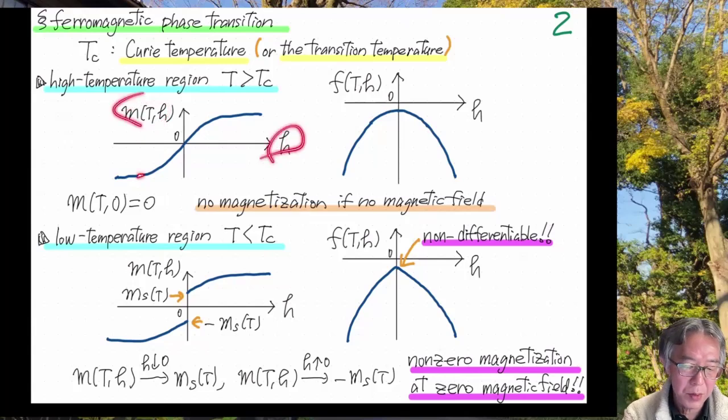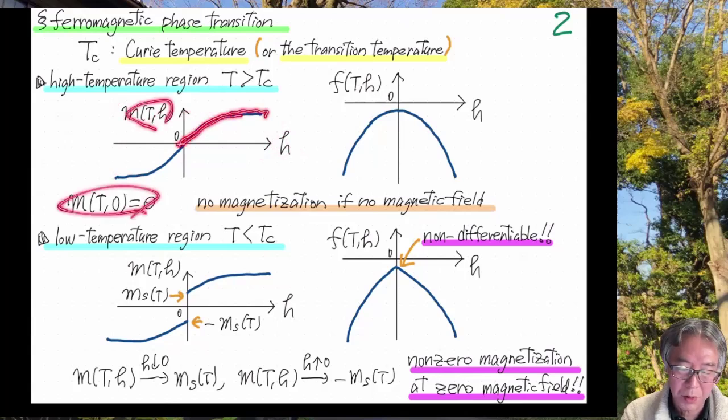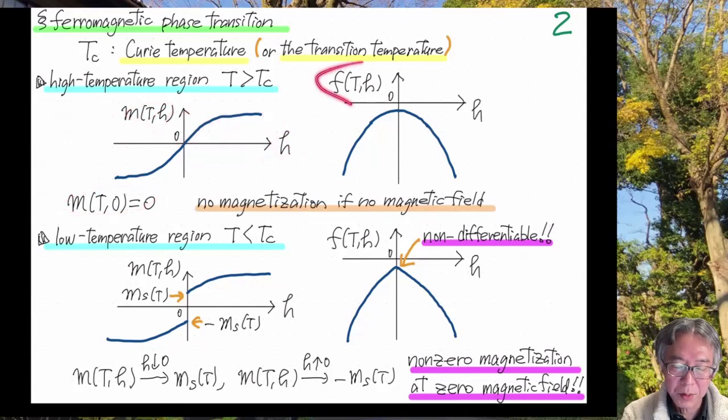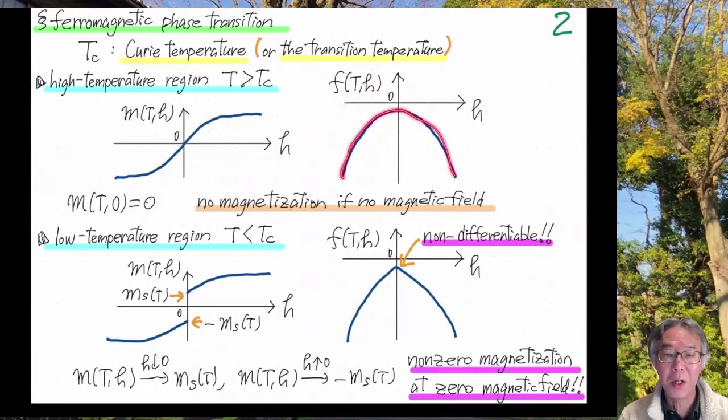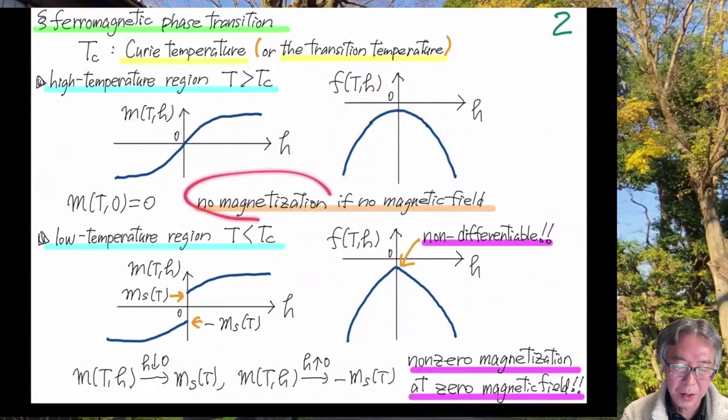If this is negative, this wants to be negative. If H is very, very large, then M sort of saturates. And if we decrease H to 0, then of course M also decreases and becomes 0. Correspondingly, the free energy density looks something like this, and it's differentiable everywhere. So in this case, no magnetization if no magnetic field, very natural.